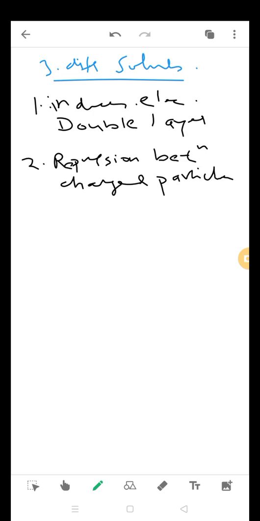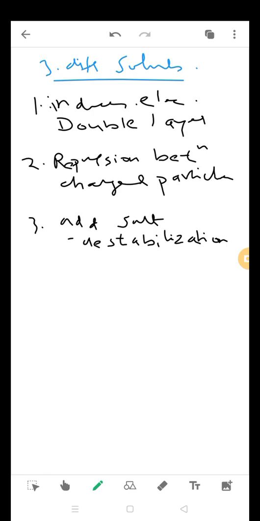Okay, and the addition of salt may cause some destabilization, because particles can approach each other and coagulate.